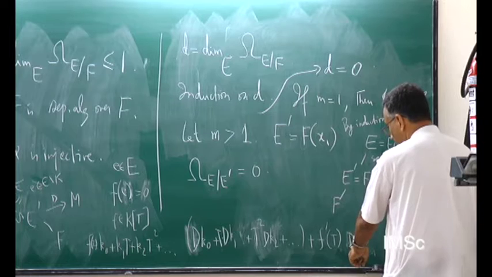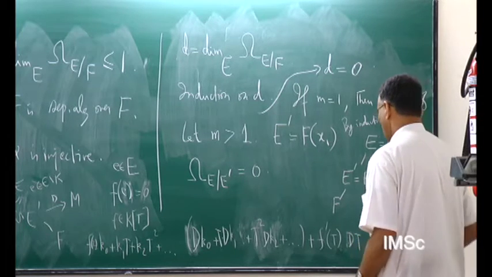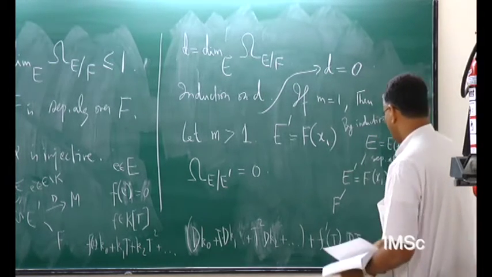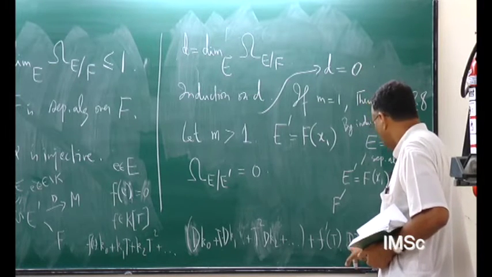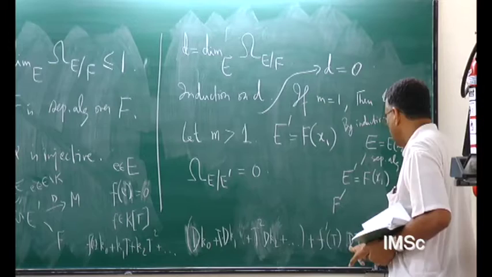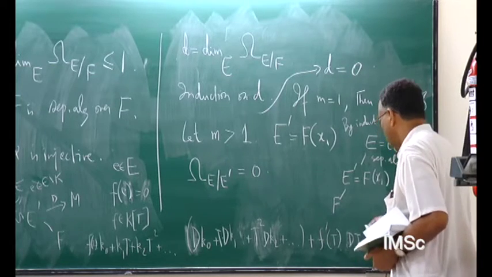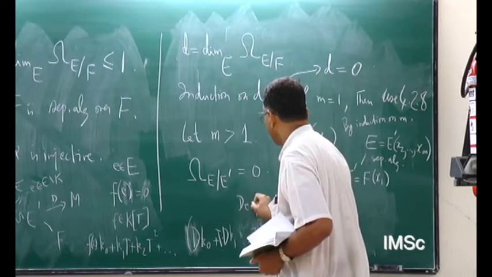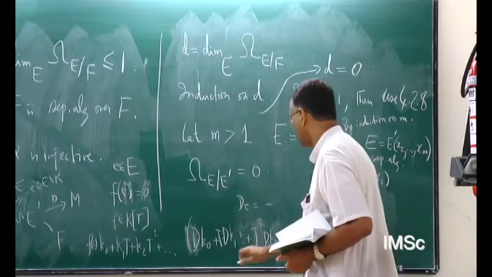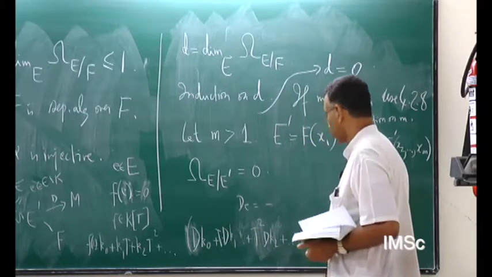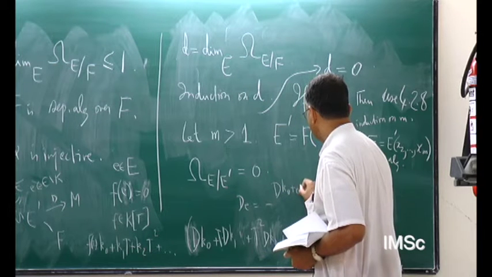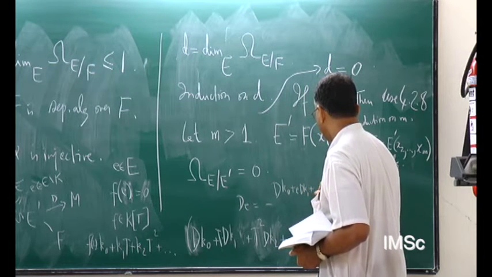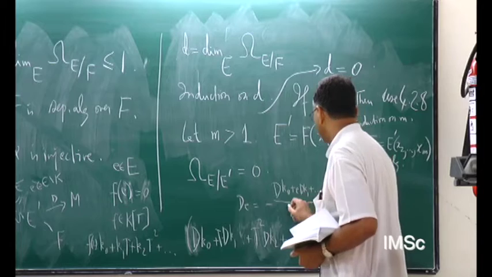This is what I want. And I can do that, so the condition on de will be that de must be equal to minus of this thing, dK0 plus e dK1 plus dot dot dot, divided by F prime of e.